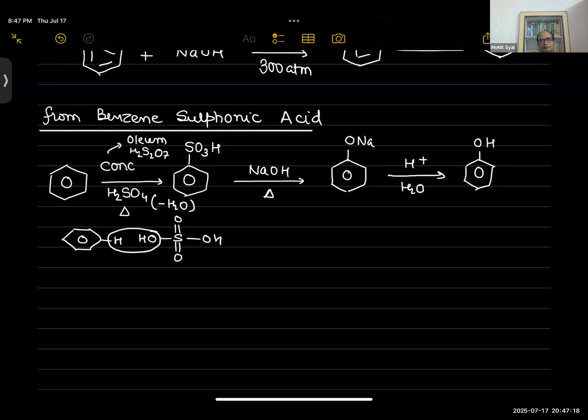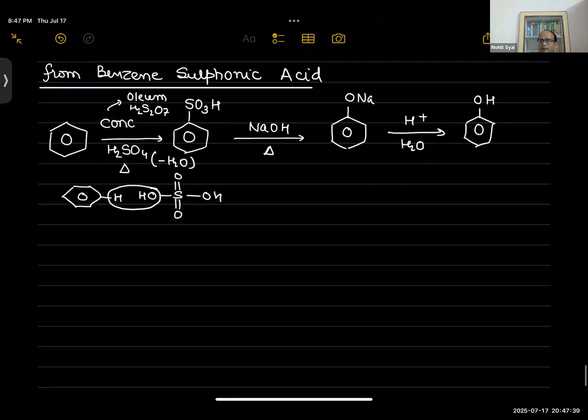Got it? This is how benzene sulfonic acid is converted to phenol. That reaction is nucleophilic aromatic substitution. Got it?